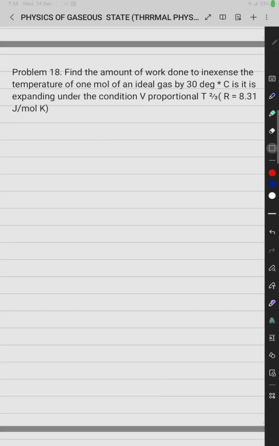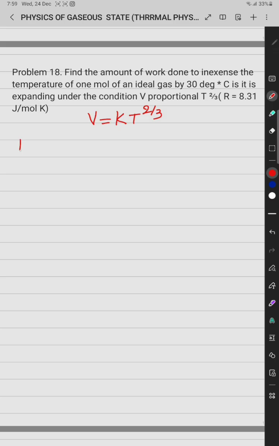One mole of an ideal gas is given, and it obeys a rule: V is proportional to T to the power 2 by 3. If V is equal to K T to the power 2 by 3, then what is the work done?